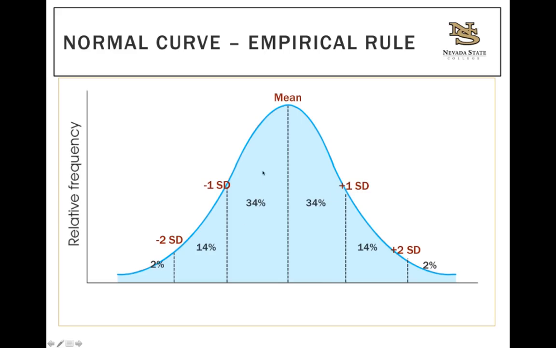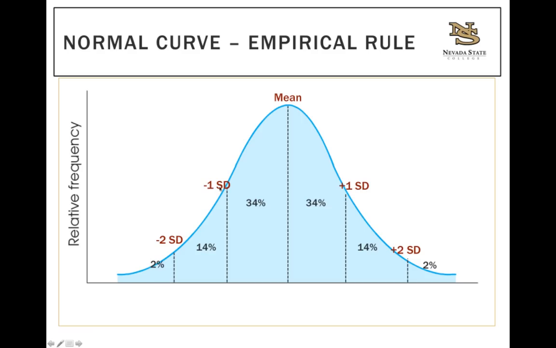So the majority of your sample or population, 68%, are going to fall between 1 standard deviation below and 1 standard deviation above, no matter what your standard deviation is. Now, just a second ago, I told you standard deviations can't be negative, right? And you're thinking, oh, but there's a negative number here. I'm not saying that the standard deviation itself is negative.